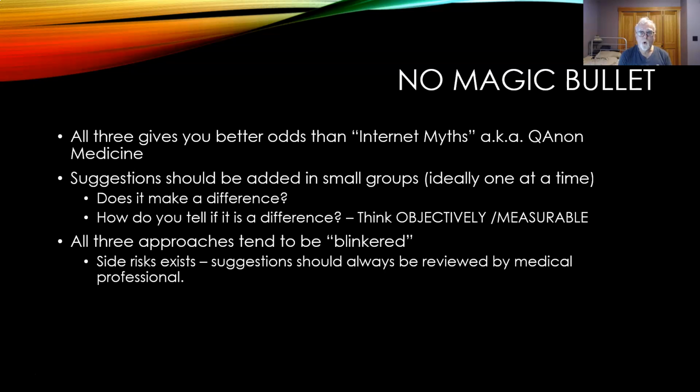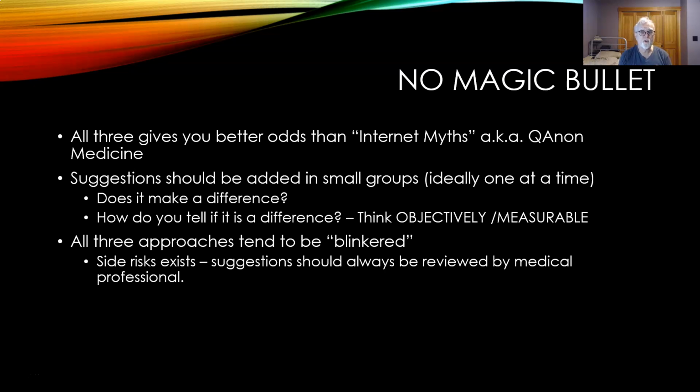All three approaches tend to be blinkered. That is, it's focused on one particular aspect. I know in my collecting up data, one of the substances which I have in the database is Roundup, a pesticide. Generally, I don't recommend anybody to do the pesticide, but it is there because exposure to it does alter the microbiome.